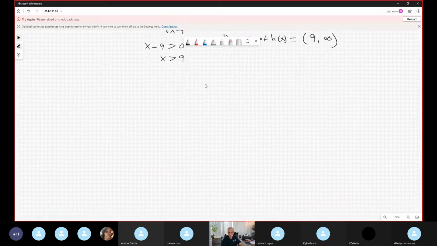Example 4, a new situation. Suppose the function p is the name. Remember, the letter is the name of the function. Frequently the name of the function is one letter: f, g, h, p.